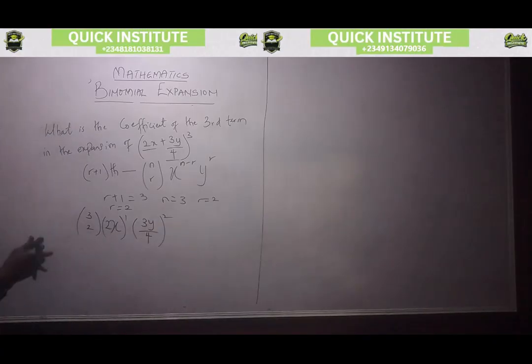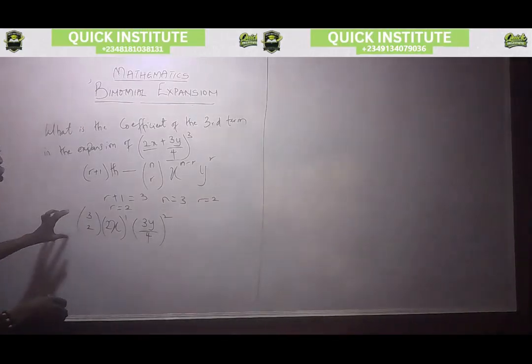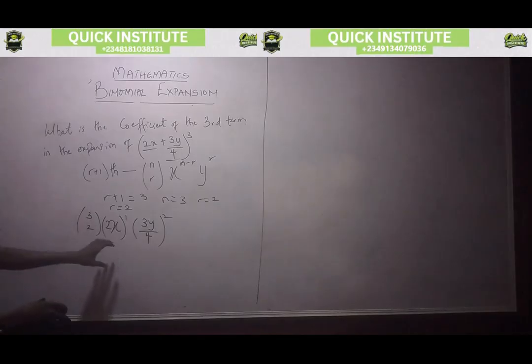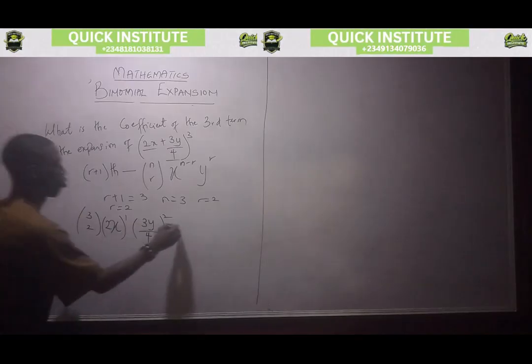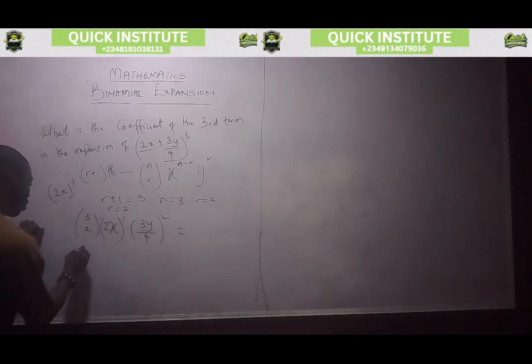You now expand this, and when you finish expanding it, the coefficient of your expansion is your answer. So now let's move on. 3 combination 2 is 3.